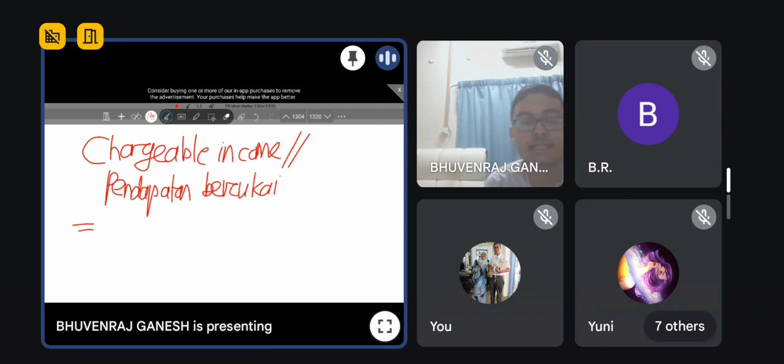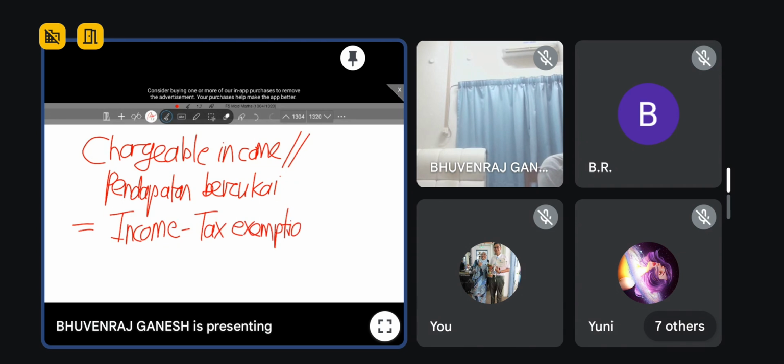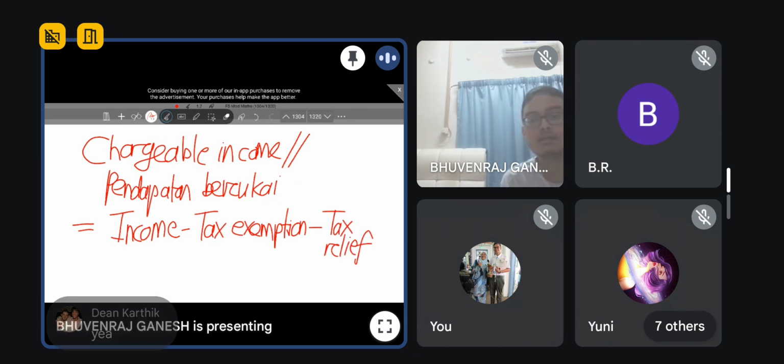Okay, income minus tax exemption minus tax relief. Very good, Karthik. Accurate. Okay, income, pendapatan kamu, tolak pelepasan cukai, tax exemption, tolak. Actually, tax relief is something like pelepasan cukai also lah, about the same. Okay, so income minus tax exemption minus tax relief.